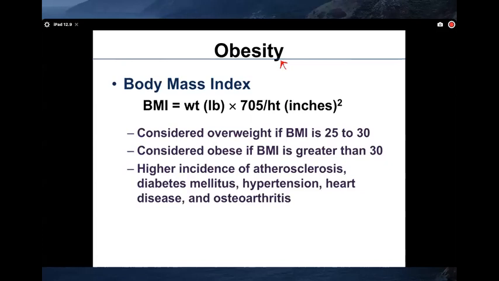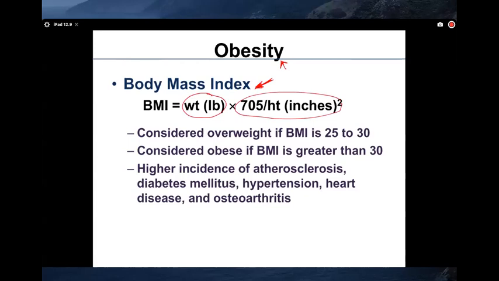How do we diagnose obesity? By checking the body mass index. And this is something that you're going to be completing in the metabolism lab handout. So you're going to be measuring your weight, checking your height, and you're going to use this equation here to check your body mass index.